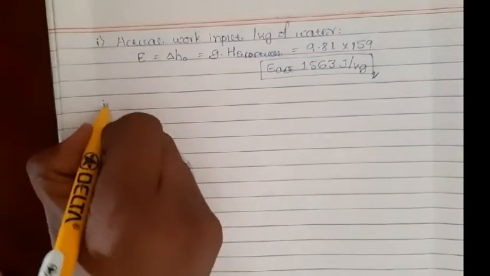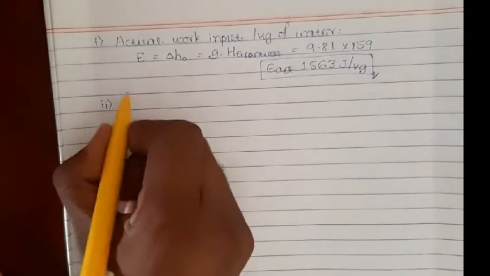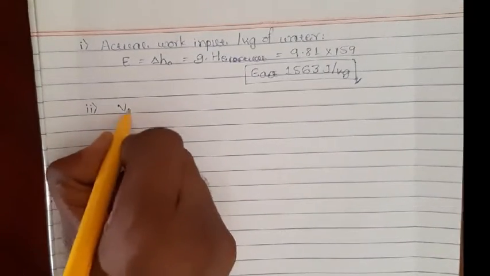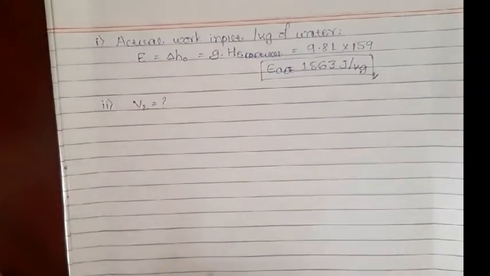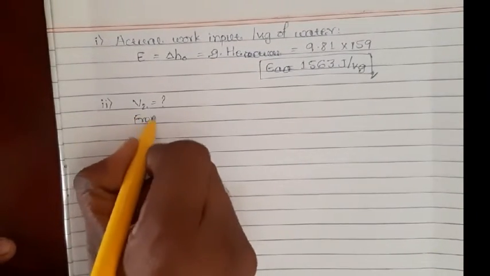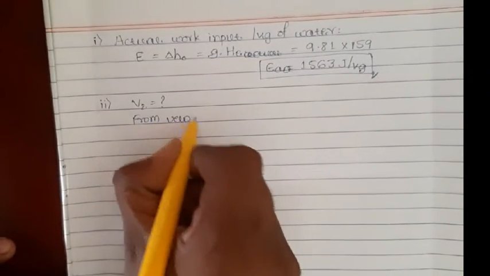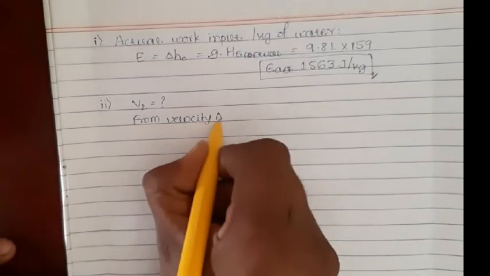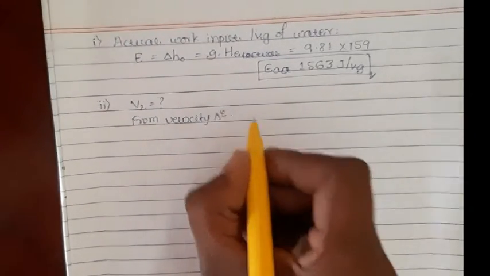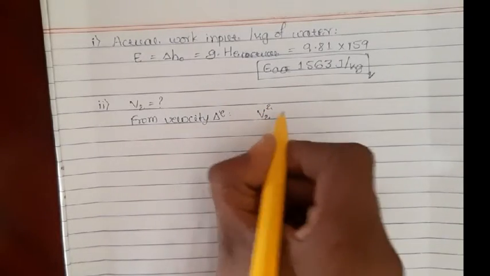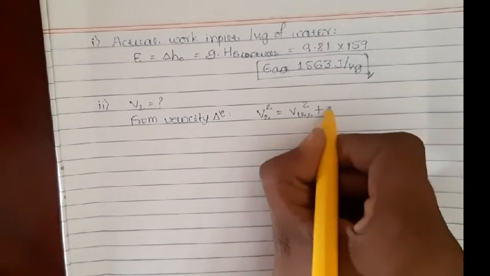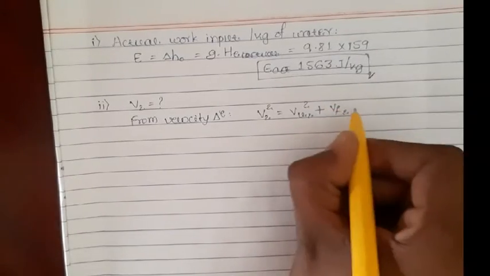Now what is the second thing he is asking us to find? That is the exit speed, V2. How do we find V2? Going back to the triangle, from the velocity triangle, applying the Pythagoras theorem, V2 square is equal to Vu2 square plus Vf2 square.